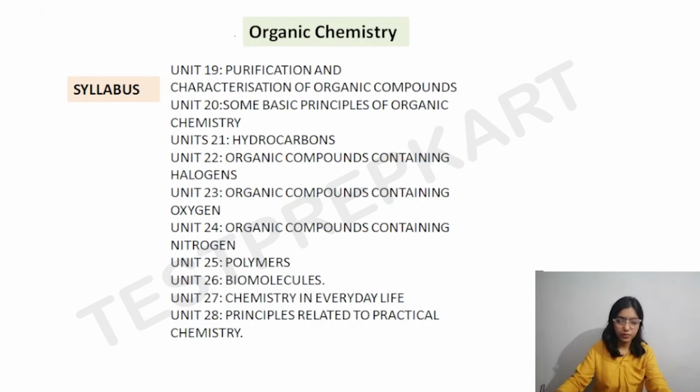Next, organic chemistry. The syllabus for organic chemistry: purification and characterization of organic compounds, some basic principles of organic chemistry, hydrocarbons, organic compounds containing halogen, oxygen and nitrogen, polymers, biomolecules, chemistry in everyday life, principles related to practical chemistry.